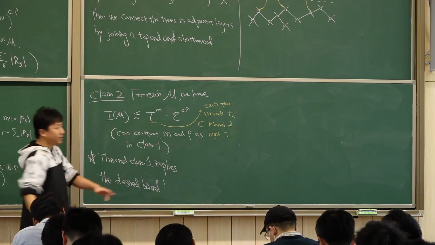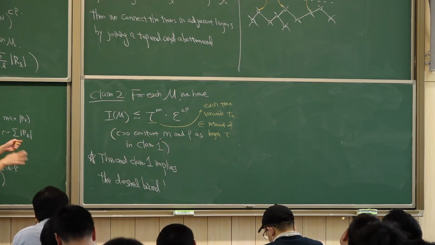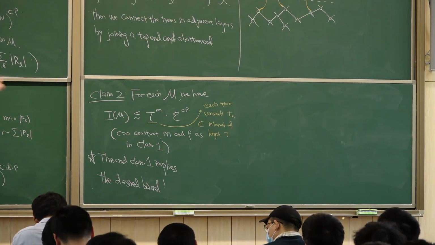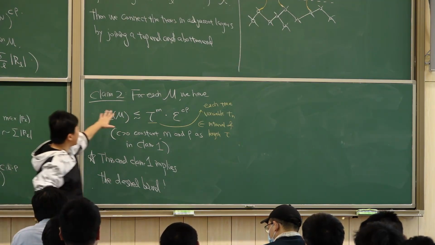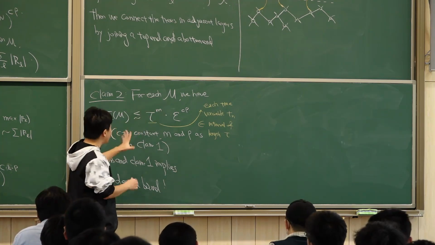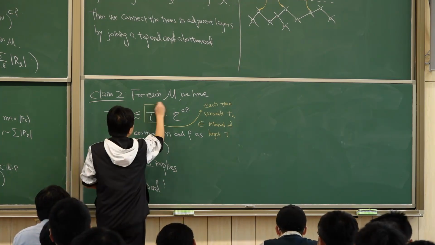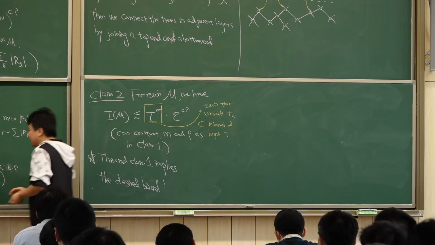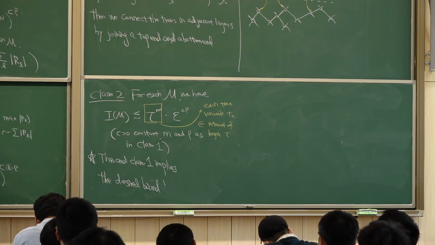If you integrate over all the time variables dt_n, you automatically get this tau to the m. We always get this for free, so let's not worry about it. The important thing is to get this power of epsilon.